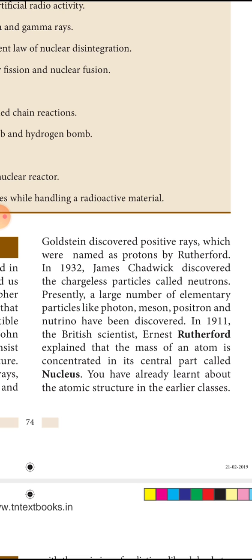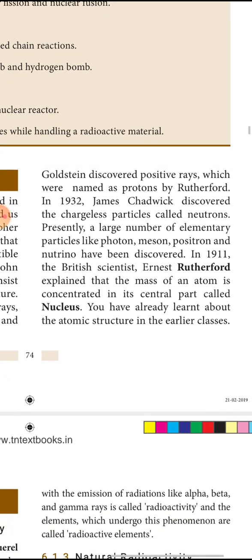Rutherford in 1932 and James Chadwick discovered neutrons. Discovery has a slightly different meaning from invention. Invention means newly invented; discovered means it already existed and is explained in a different manner. The neutron was already found out, so he is going to say something about the neutron, so it is called discovered.